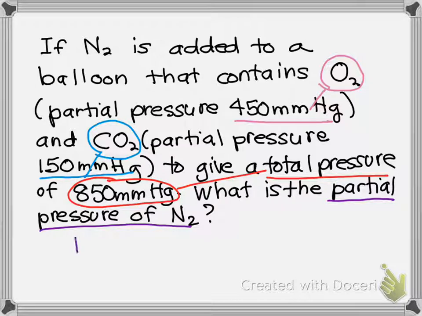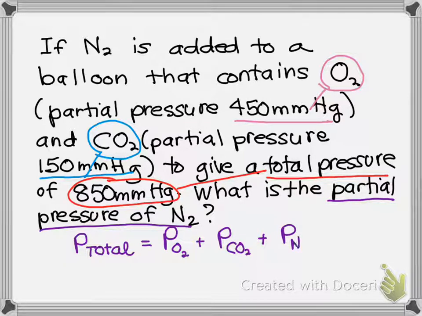Well, Dalton's law tells us that that total pressure, that 850, has to equal the pressure of the oxygen plus the pressure of the carbon dioxide plus the pressure of the nitrogen that has been added. So that's what it's telling us. The total is equal to the sum of each pressure.